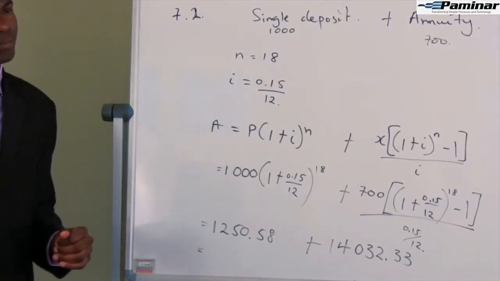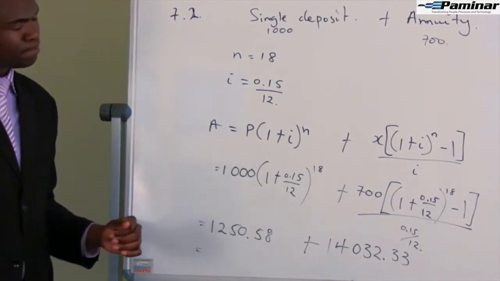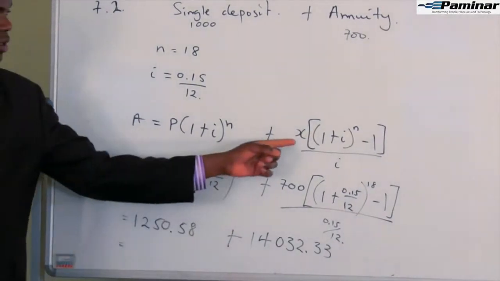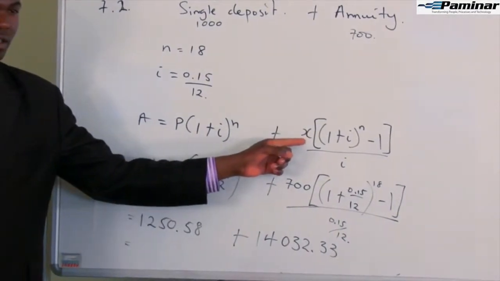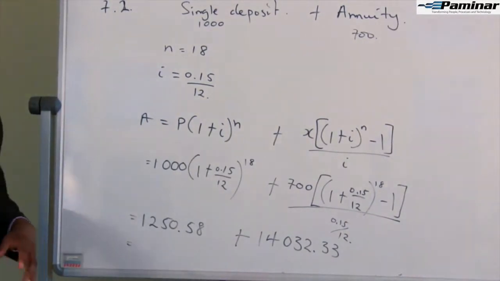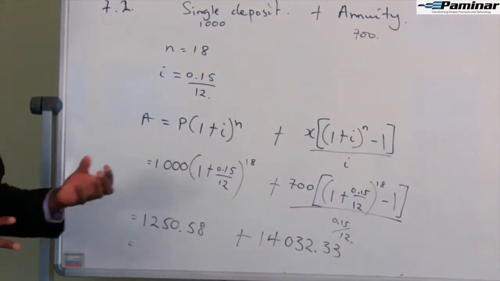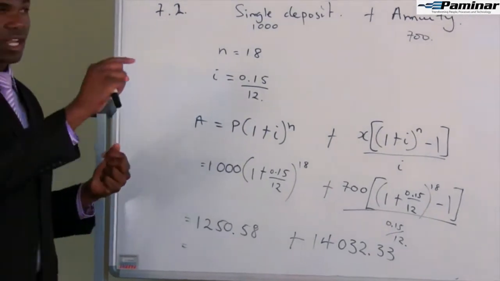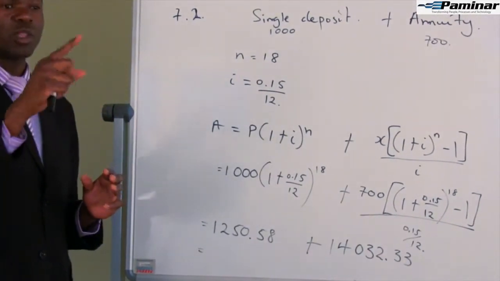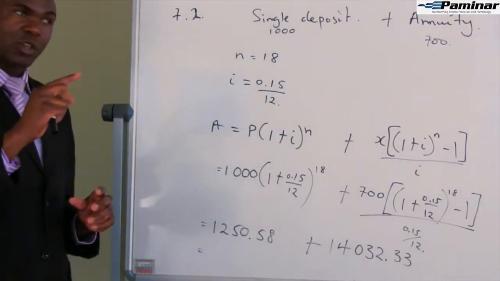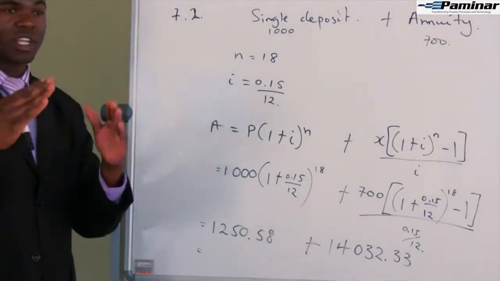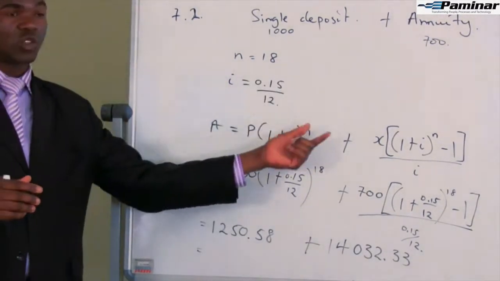Question? I have a question. On the formula for X, do you have to put 12 on the I? Yes, you put 12. On every I in the formula, when you are told that interest is compounded more or less than once a year, you divide by M, the number of times interest is compounded, which in this instance is 12.